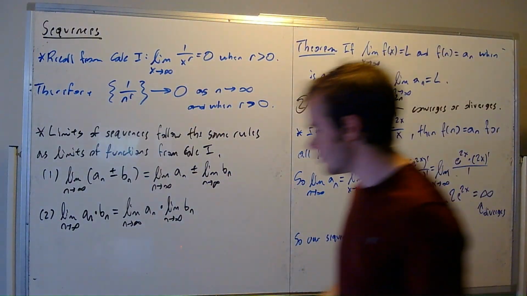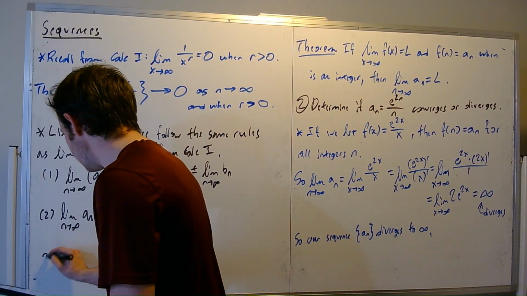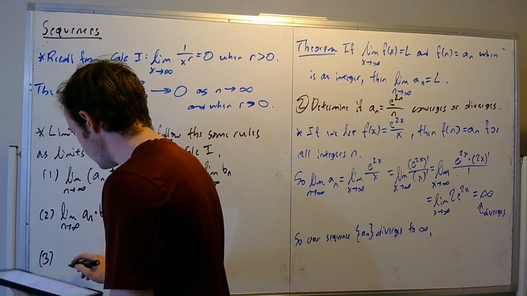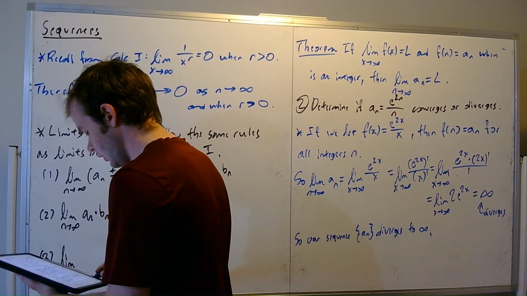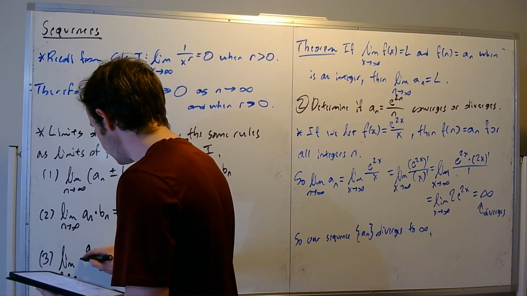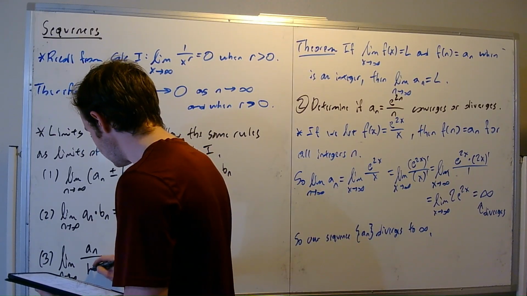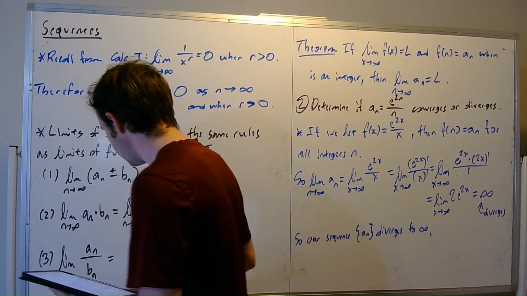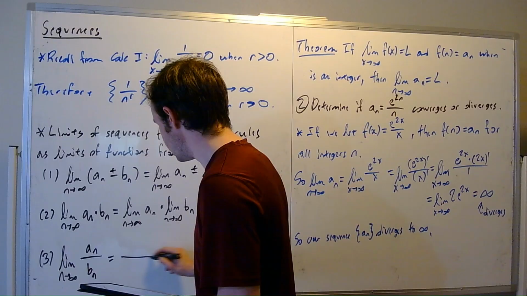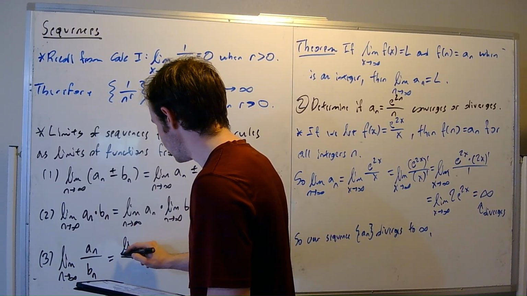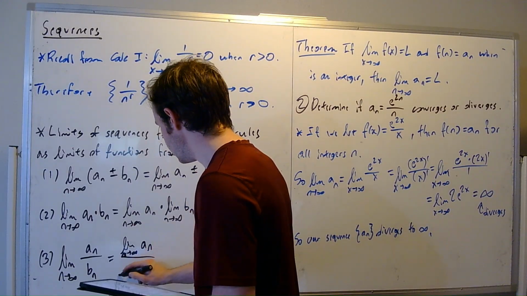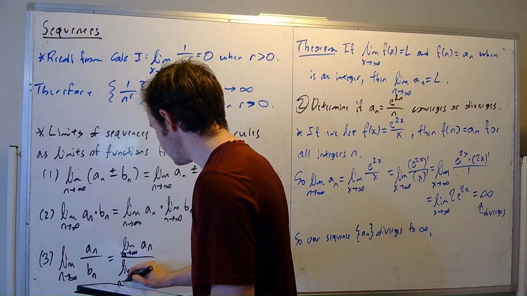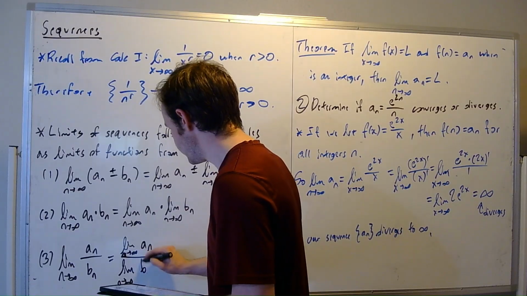The last thing I'm going to write here, part 3, is if you have the limit as n goes to infinity of the entries of one sequence A over the entries of a second sequence B, then again you can just break this up. This is the limit as n goes to infinity of an over the limit as n goes to infinity of bn.